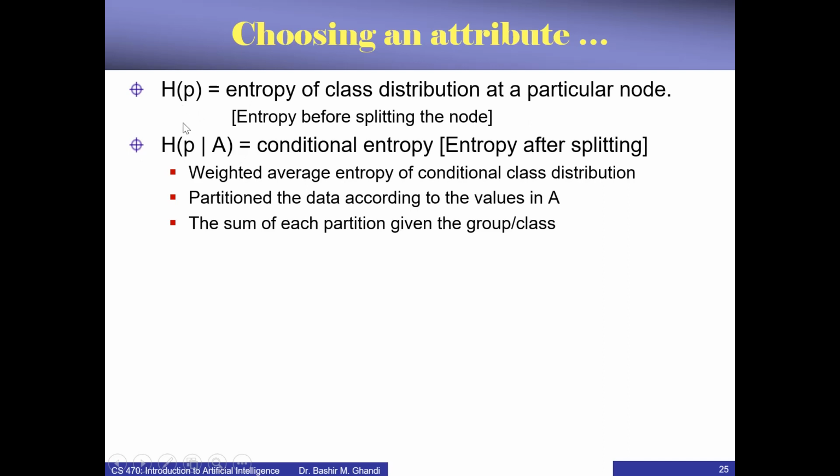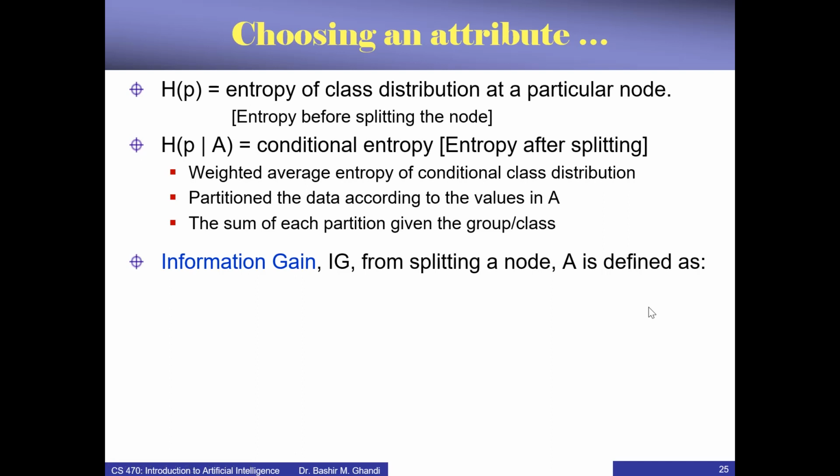Now once you have these two entropies, then you can compute the information gain. So information gain, normally denoted by IG, from splitting a node A, is defined as the entropy before splitting the data according to attribute A minus the entropy after splitting on A. Remember, entropy is the degree of randomness.